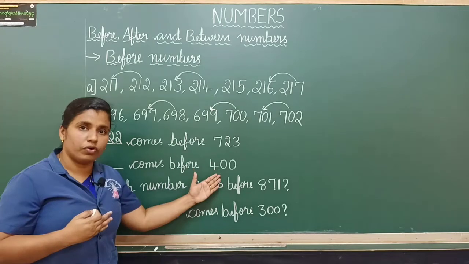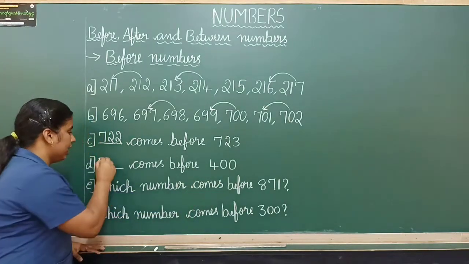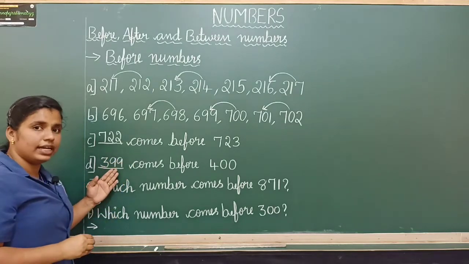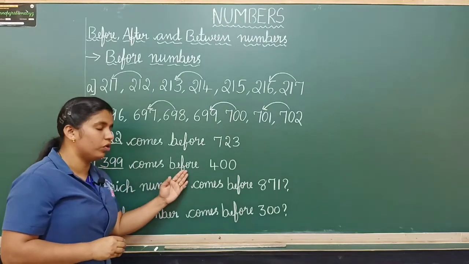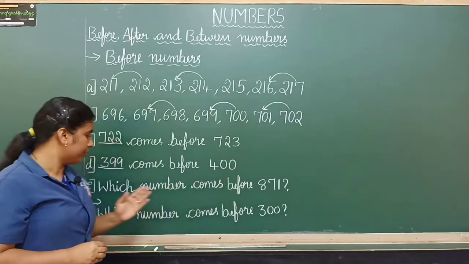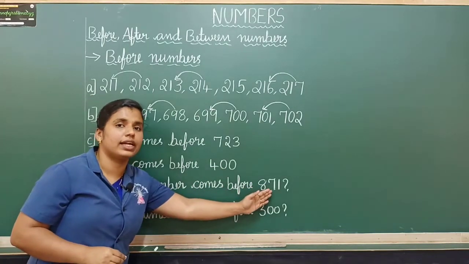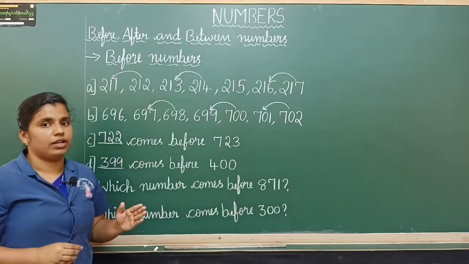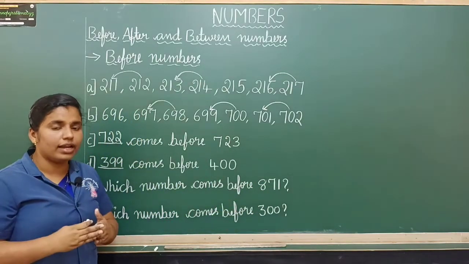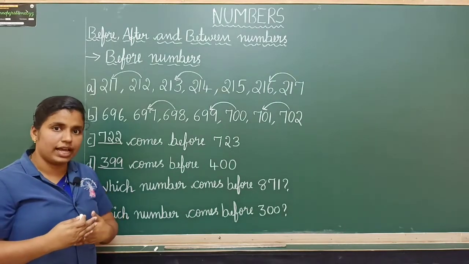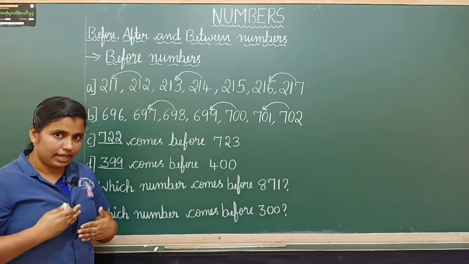The before number of 400 is 399. 399 comes before 400. Which number comes before 871? 871, 870, 869, 868.